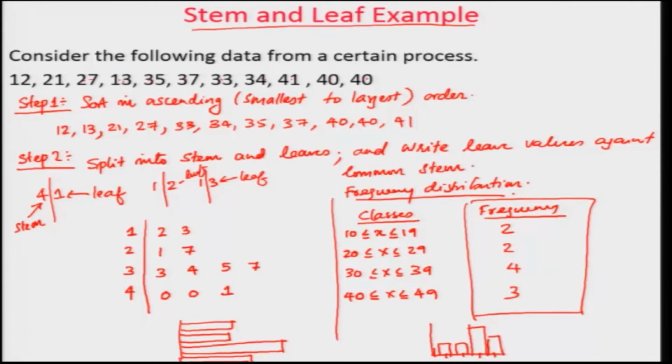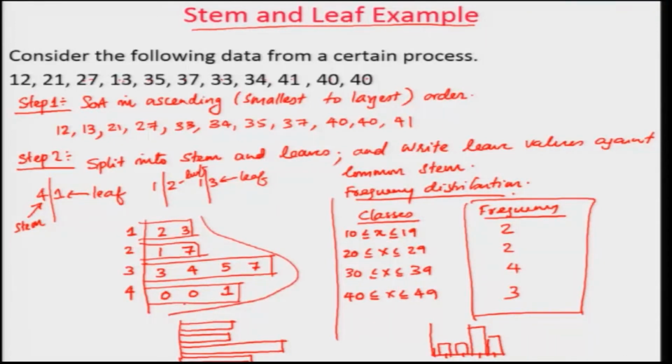When you draw a histogram of this fashion, you are not having the individual values, whereas here, if you look at the values, they actually contain the individual values. So, this way you get to know the pattern of the data. You can say that there is a kind of a lump towards the end without losing the individual observations or the values of the individual observations.